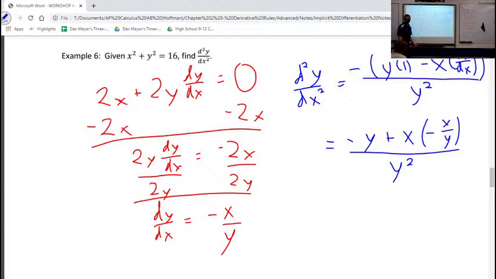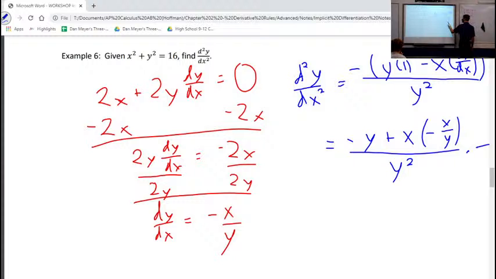Now I'm not happy because I have a fraction and a fraction. So how do I get rid of the fraction in a fraction? We're going to multiply top and bottom by what?